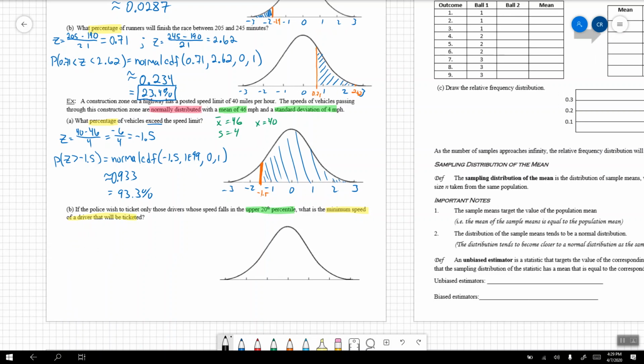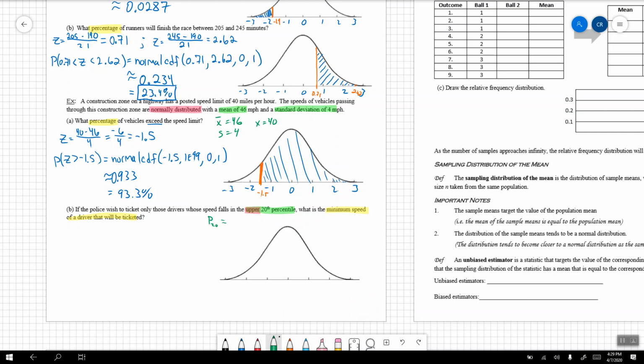They're giving us this percentile. So they're saying the 20th percentile is what we're looking for. Now they're saying upper 20th percentile, so I'm going to focus on that as well. Now remember how we were looking at probabilities and percentages.